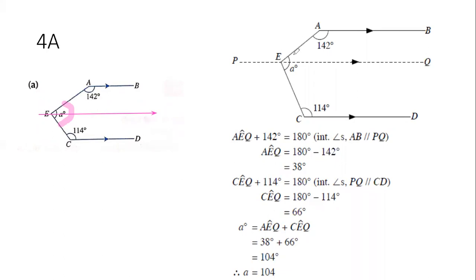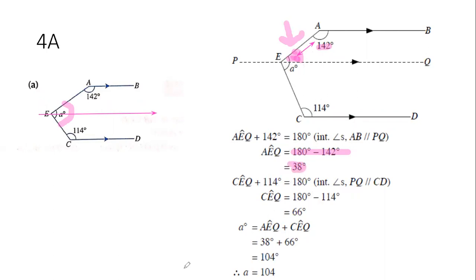This angle here and here, these two are interior angles. So their sum will be equal to 180 degrees. So in order to find this part, what you need to do is subtract this value 142 from 180 degrees, which is done here, 180 minus 142. So you have the value of the upper part, that is 38 degrees.